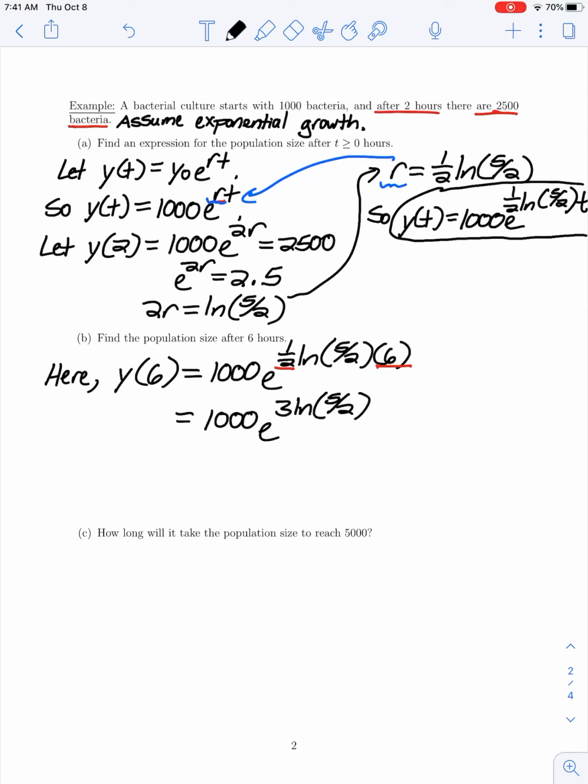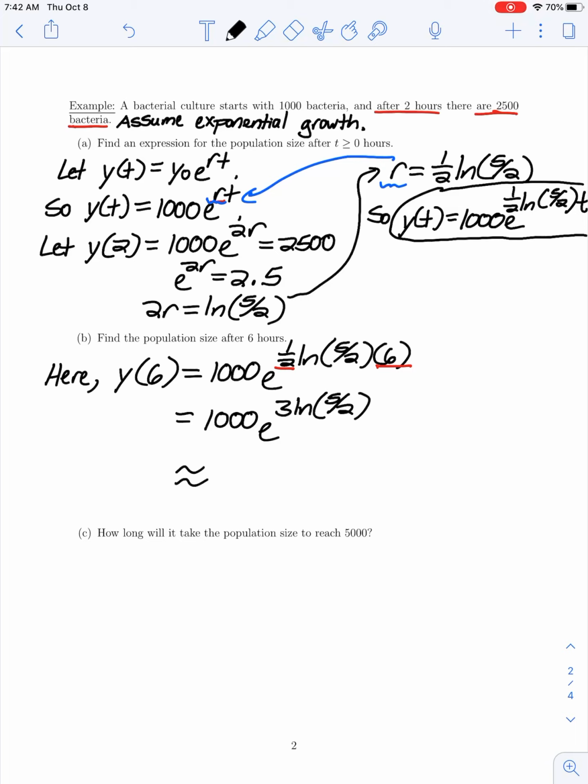So using a calculator to approximate this value, let's see what we have. So the natural log of 5/2, or 2.5, times 3. And then we are exponentiating that expression, and then times 1,000.